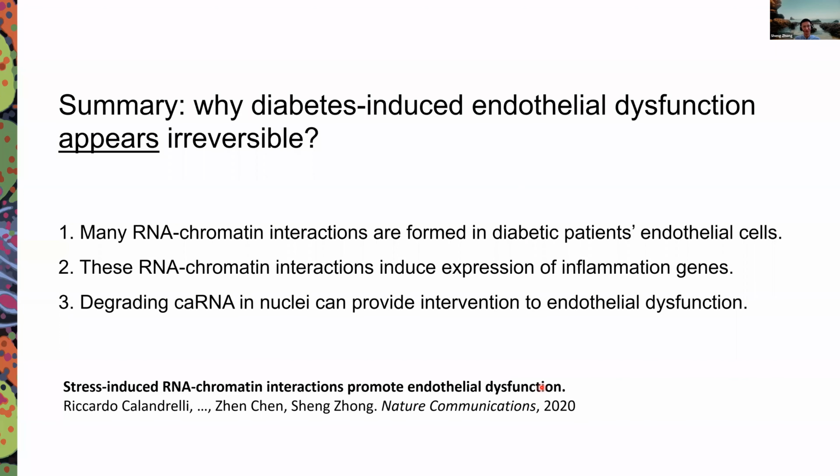These newly formed RNA-chromatin interactions induce expression of a number of inflammatory genes that contribute to many of the undesired phenotypes of the endothelium. And degrading these chromatin-associated RNAs inside nuclei is a way to intervene in endothelial dysfunction.